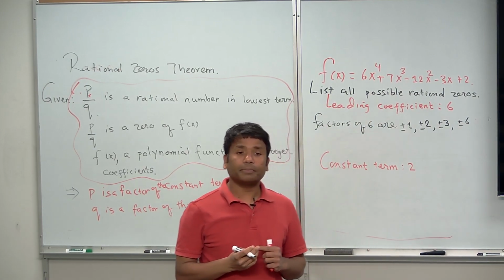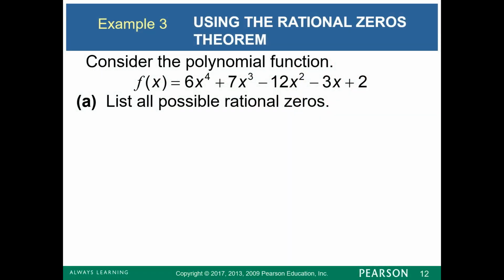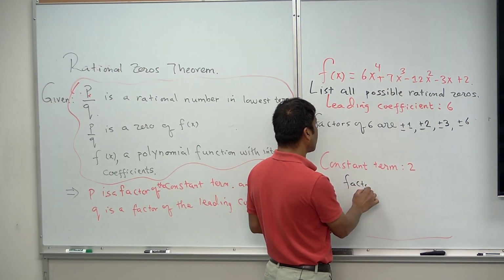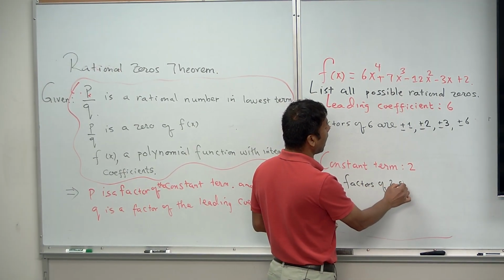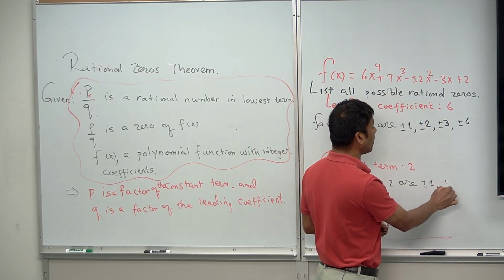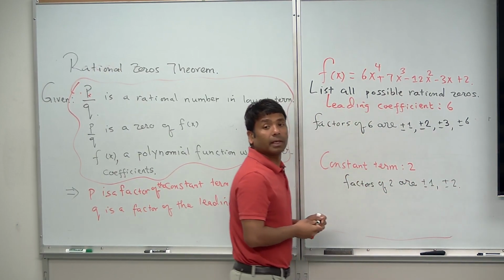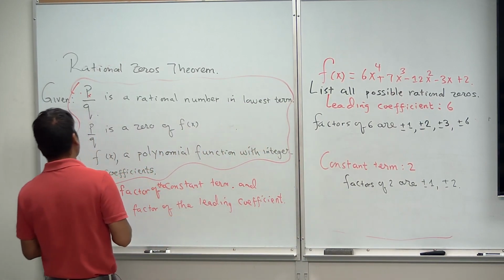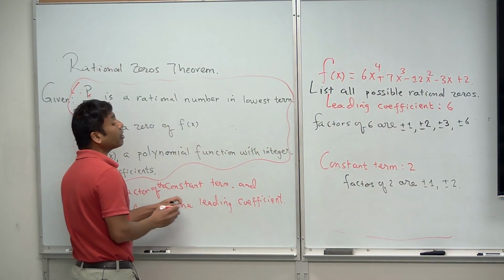Does that make sense? Similarly, for the constant term 2, the factors are plus or minus 1 and plus or minus 2. And remember, P is the factor of the constant term.